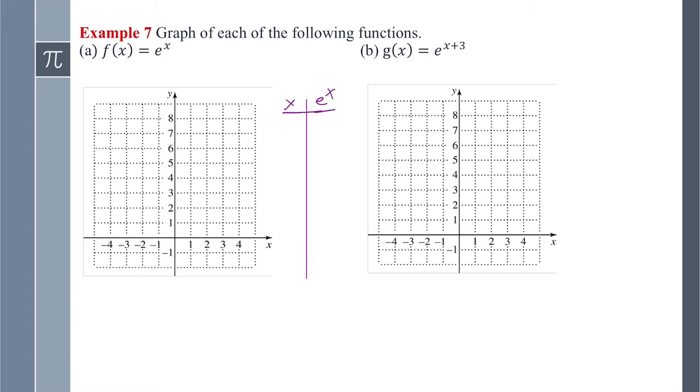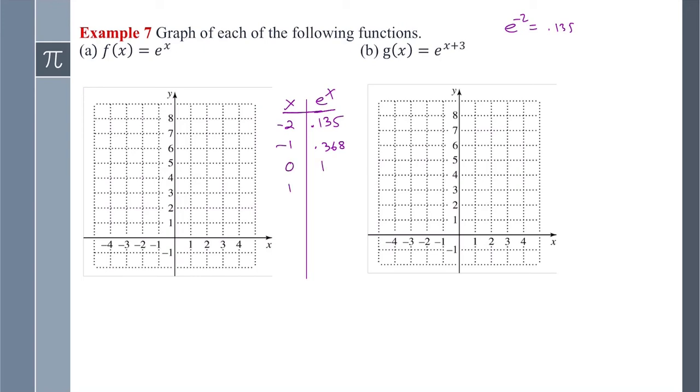If we take x equals -2 and use the rule that we did in the previous example, put e to the -2 in the calculator, then you get 0.135. Similarly, if we put -1, we get 0.368. Okay, there are more decimal places, I'm just rounding to 3 decimal places. If we put 0, then 1.